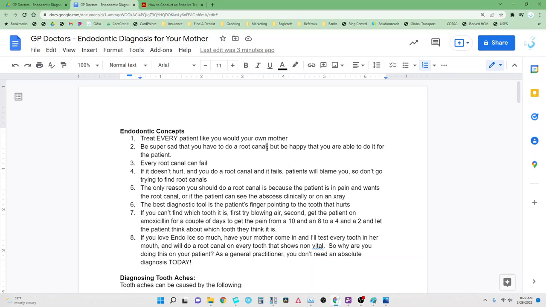We only do anything if it's our absolute last resort. There's nothing else that we can do. So we need to be super sad when we're doing root canals, but we should be super happy that we are able to do a root canal for the patient.